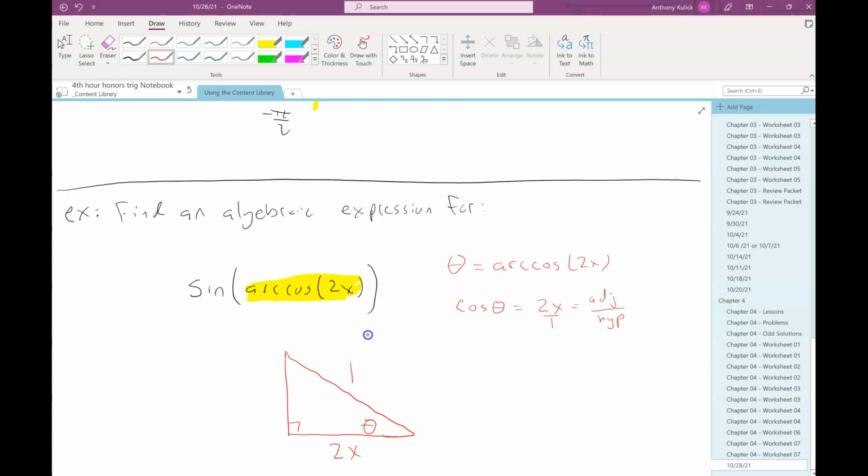Everybody okay with that? So now that I've done that, this piece really becomes sine of theta inside the triangle that I've just built.